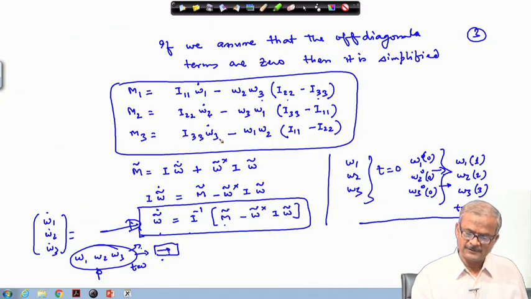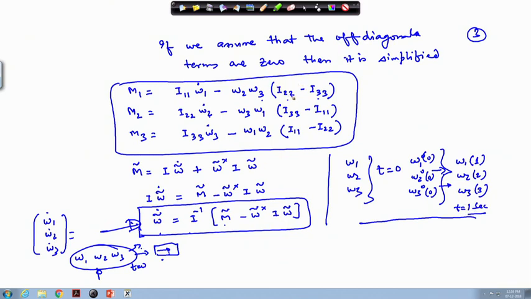Suppose I 1 1, I 2 2 and I 3 3 are all the same, which is the case of a sphere. For a sphere the moment of inertia along any direction is the same, so you get only these terms.